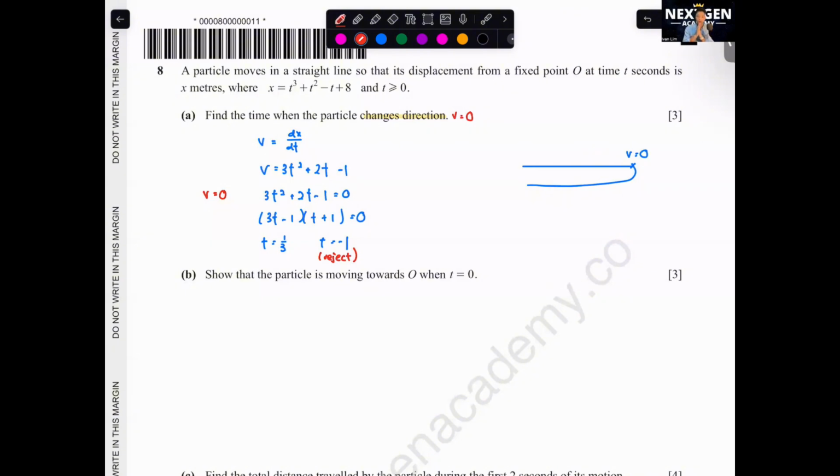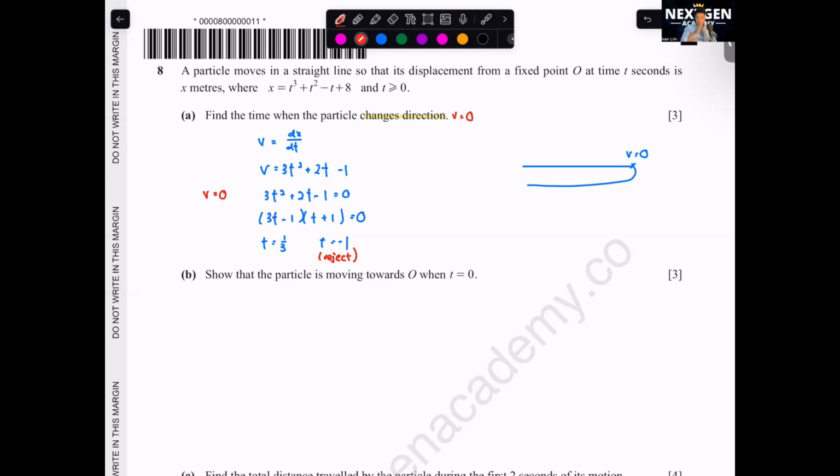Okay, what is the word here? Moving towards. What is moving towards? Velocity, okay? No, not displacement. Velocity, not acceleration. Remember the nine boxes I gave you all in the notes? Teacher gave you all, if your displacement is negative, 0 or positive. If your velocity is negative, 0 or positive.